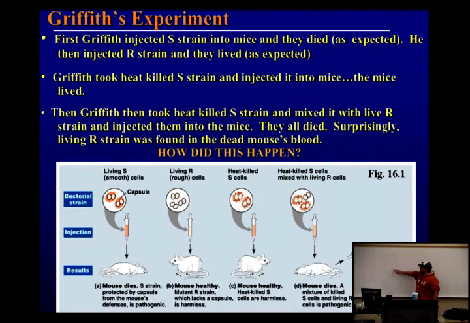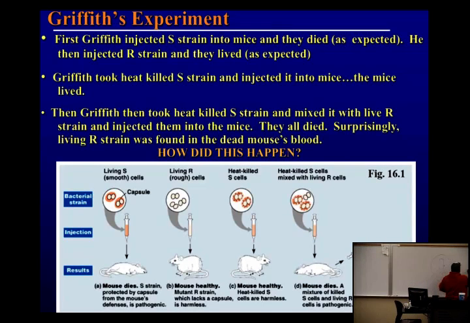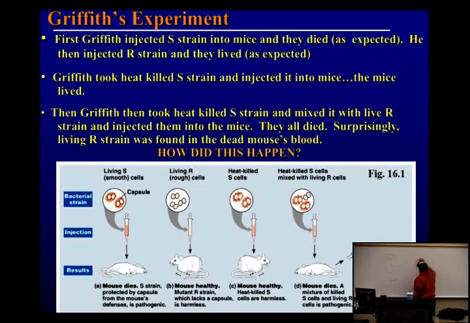If you got this form, it's called the S form because under the microscope it looks smooth, it's round. S stands for smooth. If you got the smooth variety of Streptococcus pneumoniae, what do you think happened to you? You're dead because your immune system can't deal with it. There's another form where the capsule isn't made correctly, and so it looks like this.